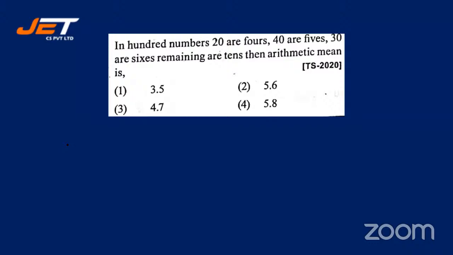He says 20 are 4s, 40 are 5s, 30 are 6s, and the remaining? 40, 60, 70, 80, 90, 100 minus 90 is 10. So the remaining is 10. The total number of observations is 100.